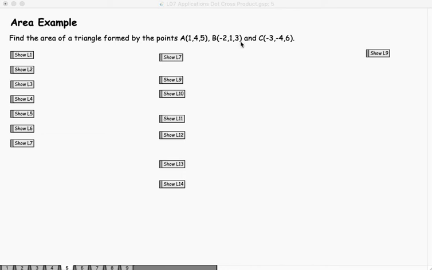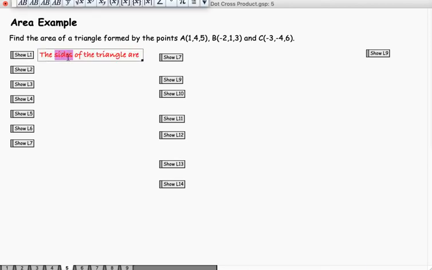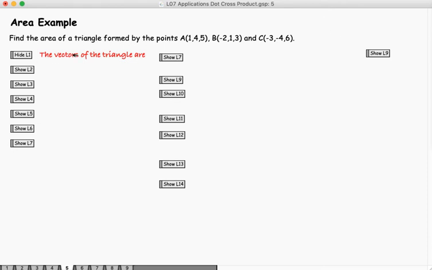We could find vector AB, we could find vector AC, we could find vector BC. So I'm going to work through some of those, and then we'll talk about how many we need in order to find the cross product. So the first thing I'm going to look at is vector AB. So the sides of the triangle should be vectors, right? Because if they're sides, then they wouldn't have a direction, and we wouldn't be able to write them as a vector.